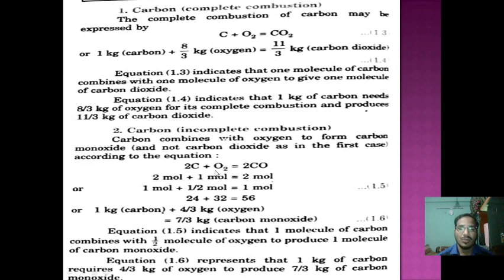Here there is no number on the oxygen, so that is called 1.